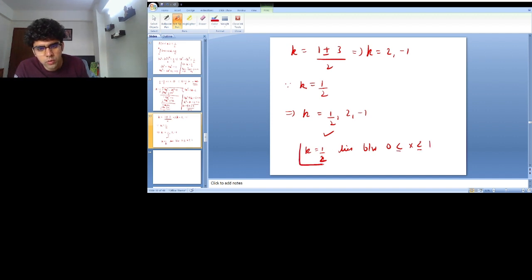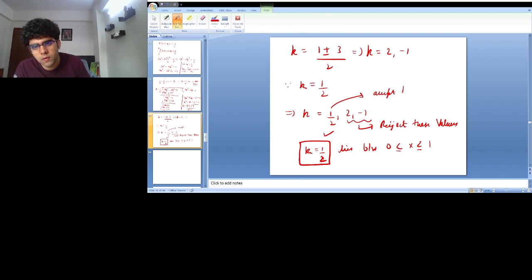Therefore k is equal to half is our desired solution, and we'll be rejecting these. Reject, because they do not lie between the limits of x, so they cannot be the values for x. Accept k is equal to half.